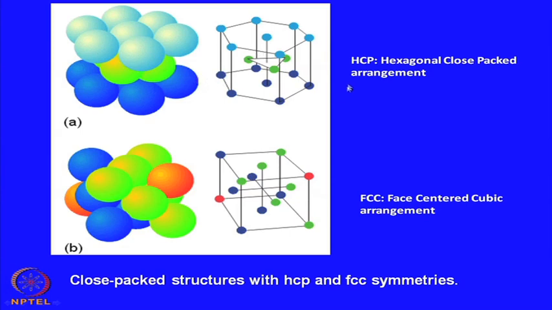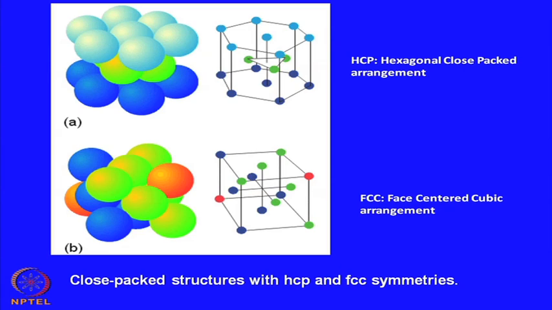This arrangement gives rise to a symmetry, and you can draw a 3-dimensional geometric body, or in short a unit cell, which can repeat itself in all 3 directions to fill up the complete space. This particular geometry is what we call the hexagonal geometry, or hexagonal close packed arrangement.